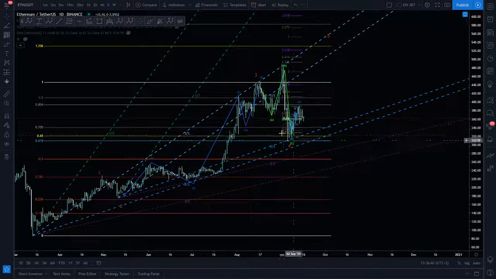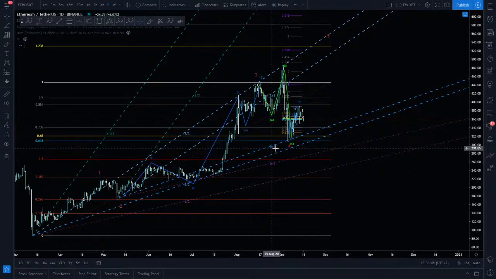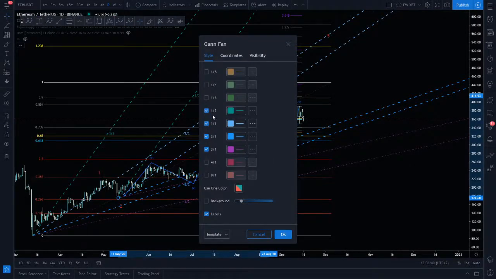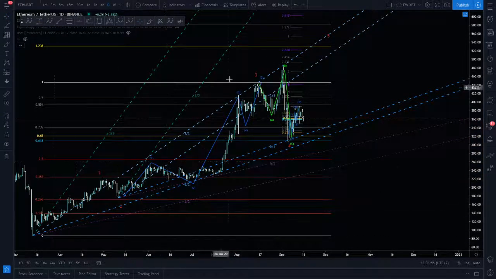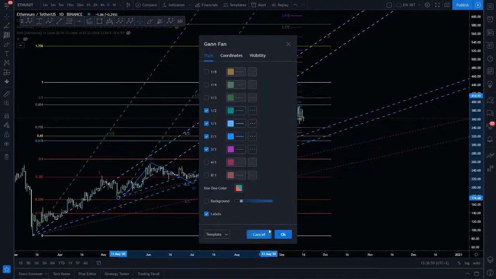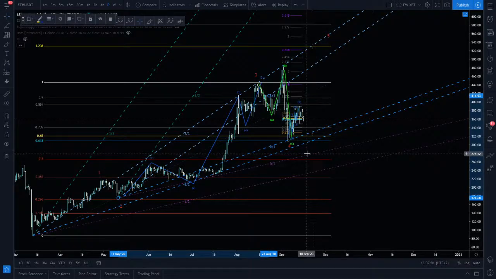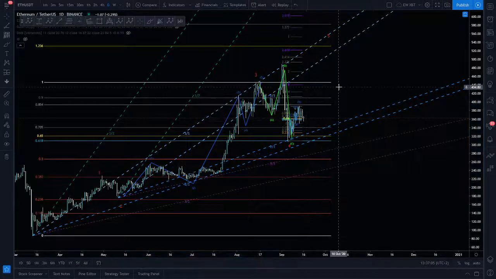And then you can place a buy order right here if you see that it's nuking, because the 2-1 Gann has to hold. The 2-1 Gann is the most important one. The 1-1 doesn't really mean a lot, in my opinion. Here we found resistance, but you won't usually find support at a 1-1. It's usually going to be the 2-1 and the 1-2 that you'll find support and resistance at.